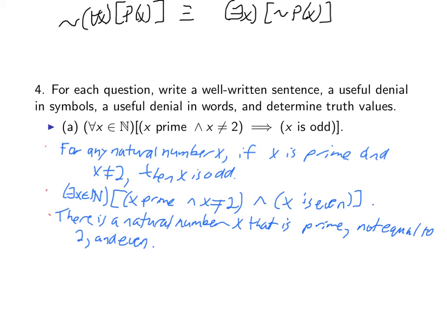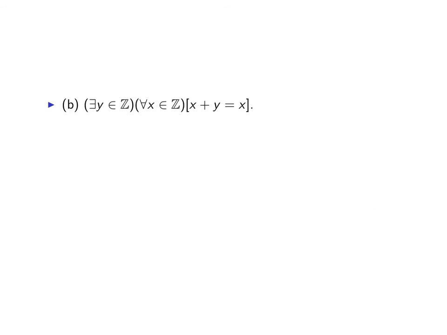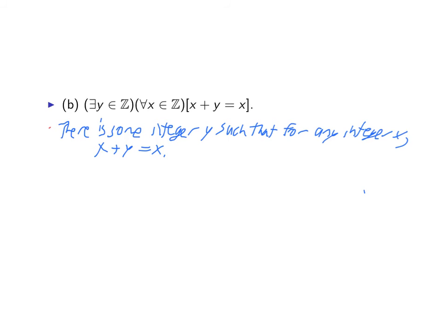All right, let's go on to part B. So this says there is some integer y such that for all integers x, x plus y is equal to x. So that's what it looks like.